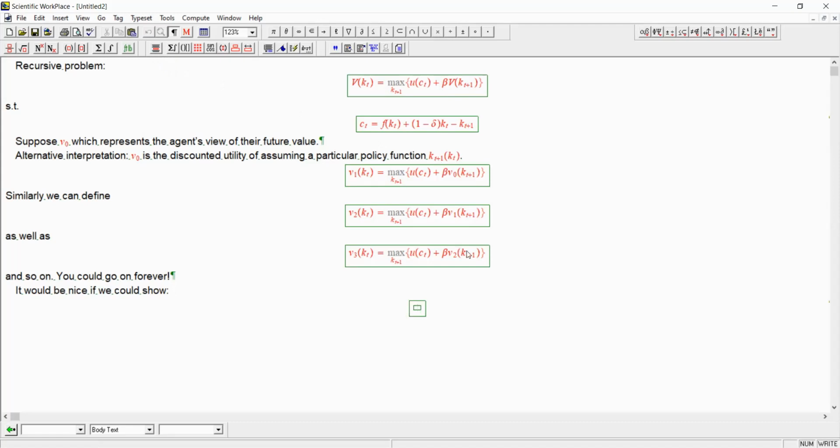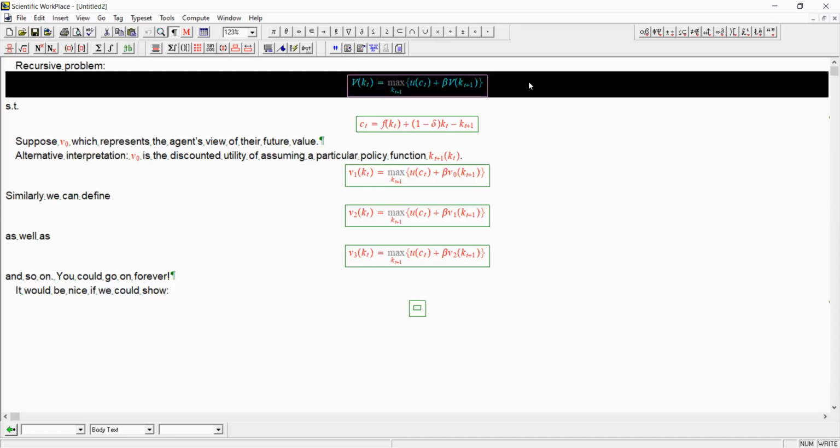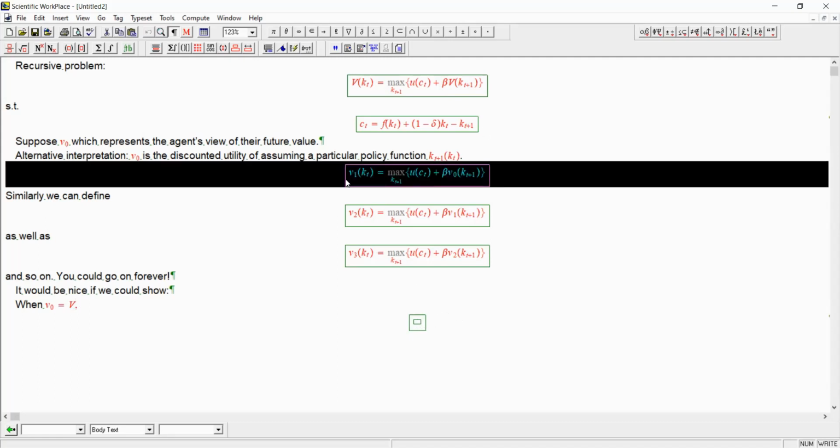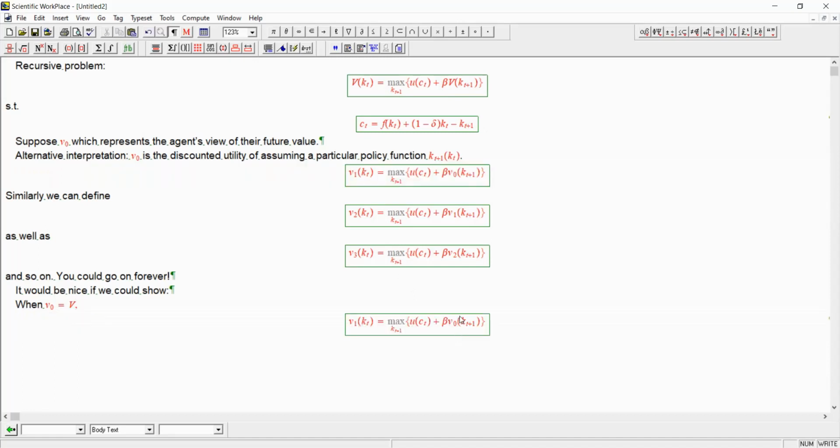First, if there is a V such that it satisfies this equation, it must be that for that V, when you put this in here and you start with the correct V, you're going to get V1 equals V. Notice that also means you'll get V2 equals V, V3 equals V, and so on, if that's true.